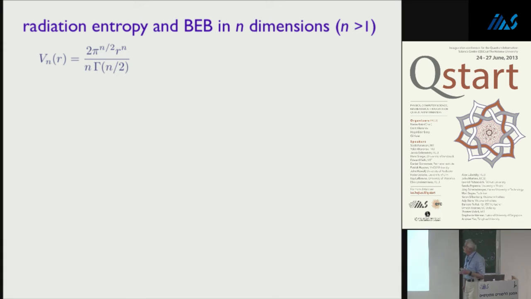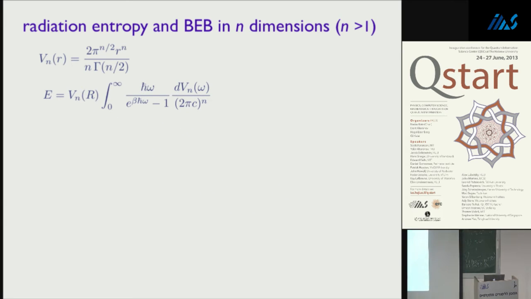This is the volume of a sphere of radius r in n dimensions. It's very easy to get, but I won't go into it. Now I calculate the energy of thermal radiation at some temperature T in a spherical box of radius R, by using standard statistical mechanics, and I will explain the formula.